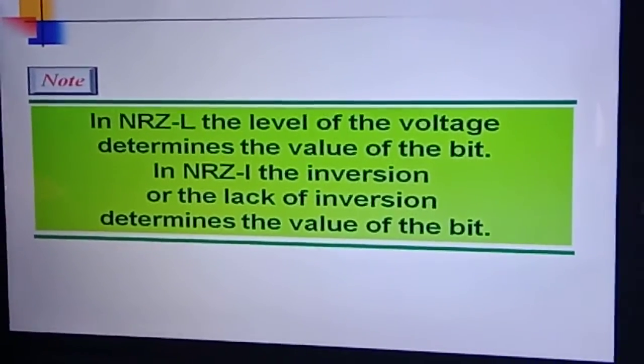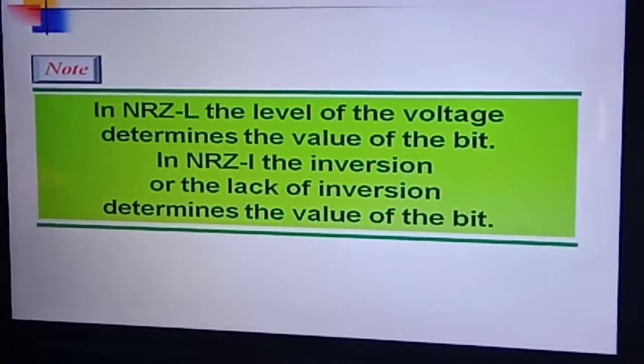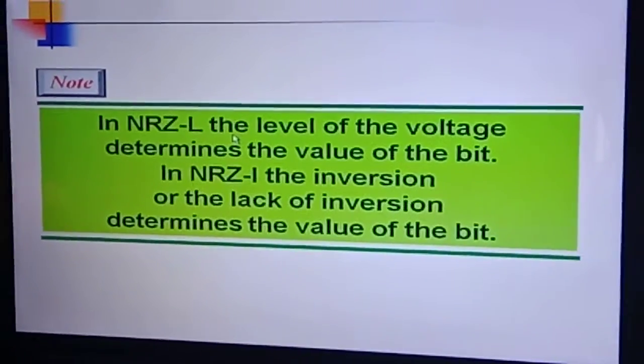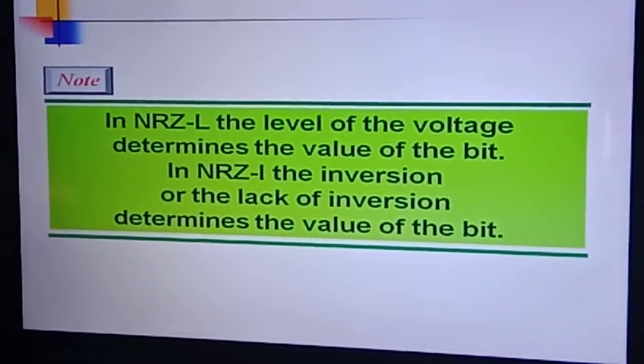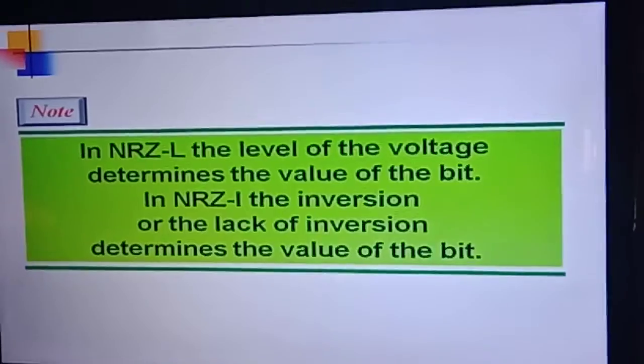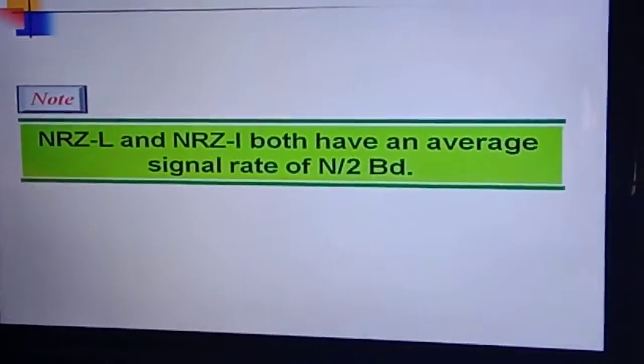If there is a change, it is 1. If there is no change, it is 0. But in non-return to zero level, if the level is positive, it is 0, and if it is negative, it is 1. That is fixed. So this is the difference between these two methods.